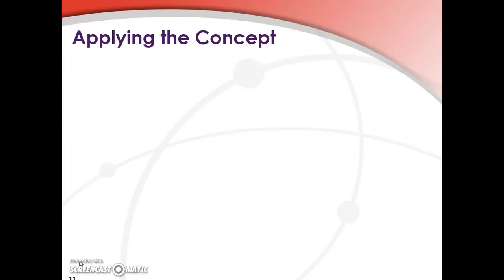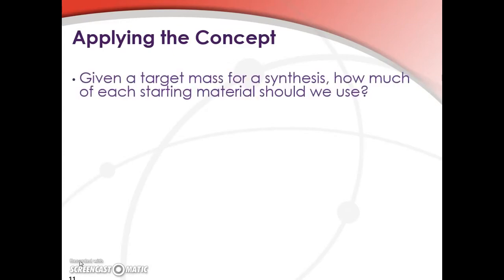Okay, but those are all things that we are not likely to apply on a day-to-day basis. So why don't we go back to our synthesis of Celebrex to talk about applying this concept. Given a target mass for a synthesis, how much of each starting material should we use?